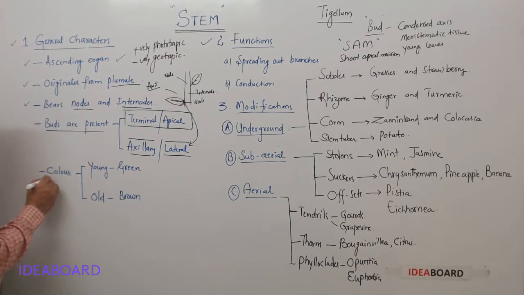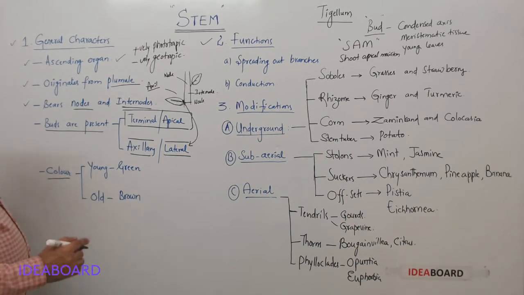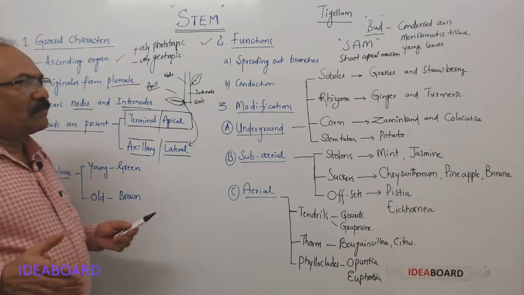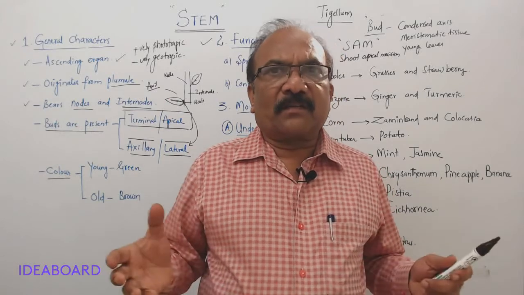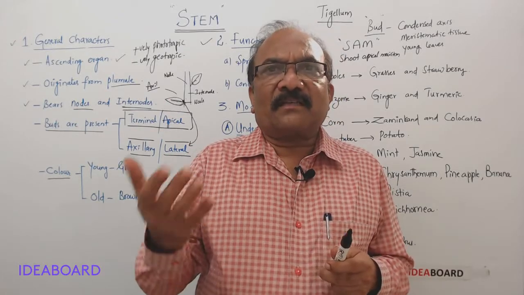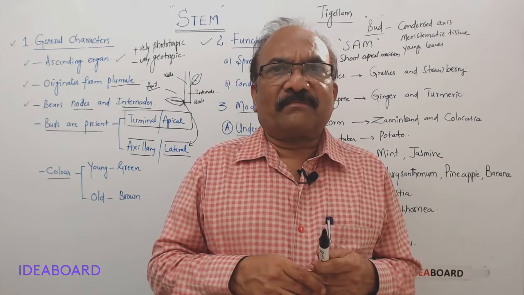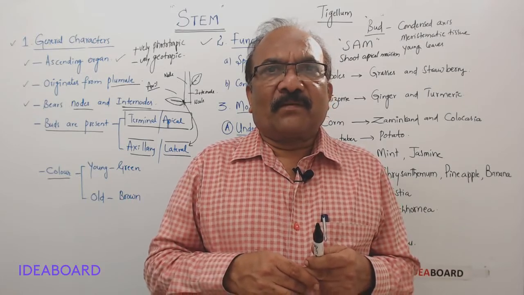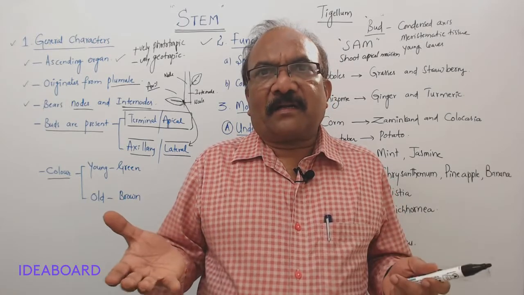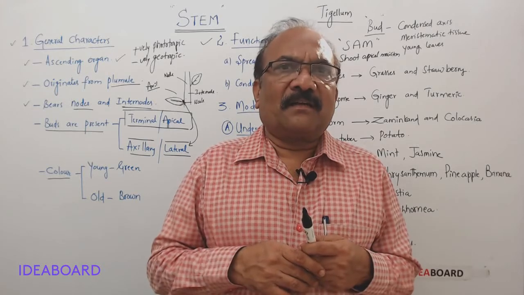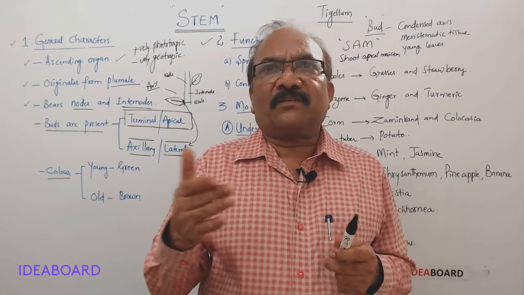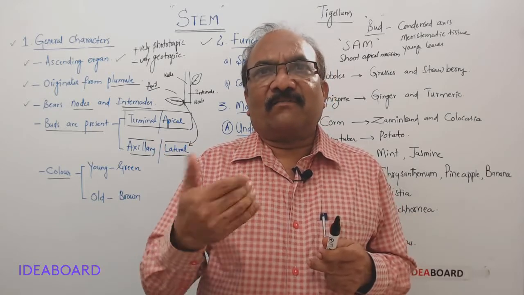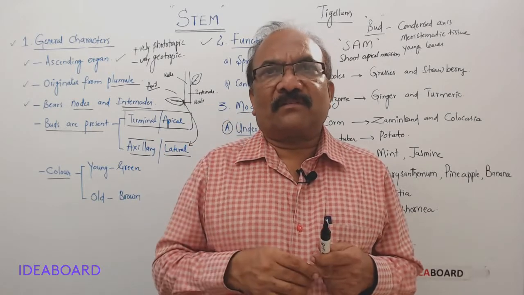Then let us discuss the color of the stem. The stems can be differentiated based on their age, as young stem and old stem, meaning the younger part and the older part. Generally the young branches are called twigs, and the older branches are called boughs.